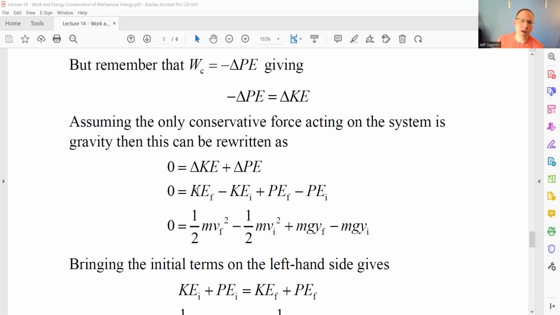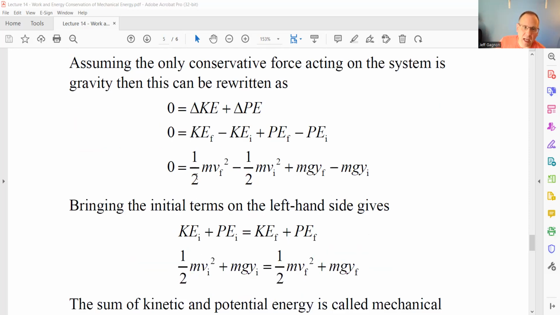So if I expand this out, this is going to be the final kinetic energy minus the initial kinetic energy plus the final potential energy minus the initial potential energy. But kinetic is simply 1/2 mv squared, and potential is mgy. So I can write this as 0 equals 1/2 mv final squared minus 1/2 mv initial squared plus mgy final minus mgy initial.